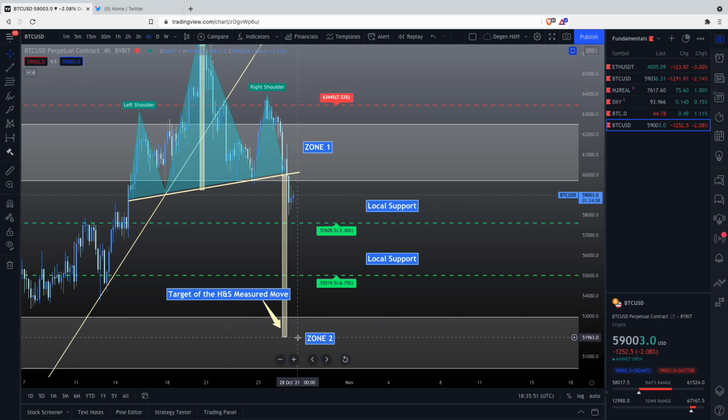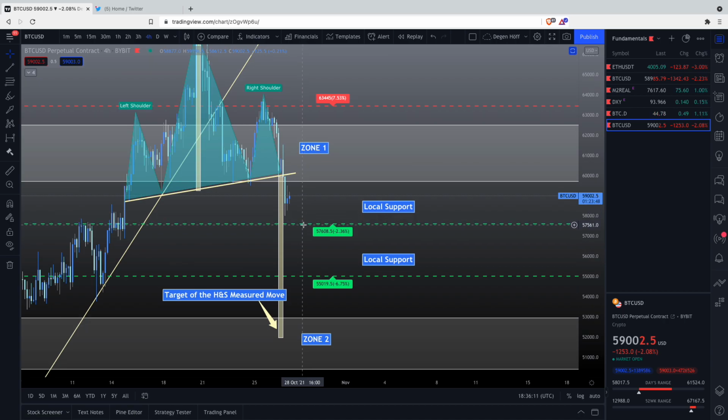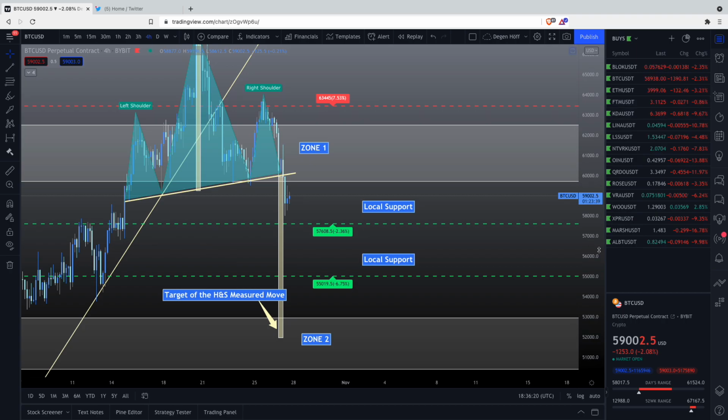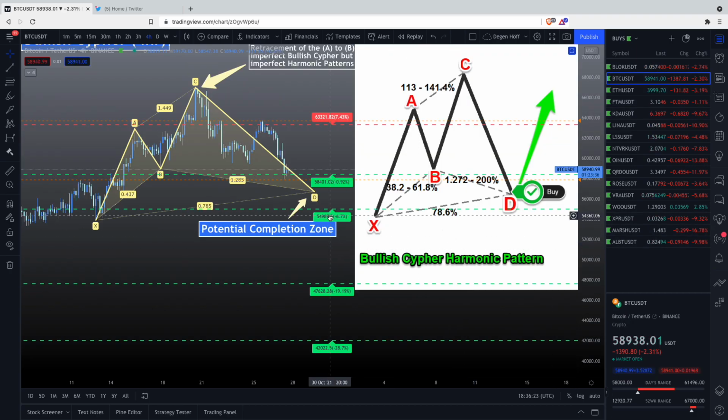The measured move, so where the support comes in is 57,638. So basically, if we don't get the support here at 57,368, and there's any real reversal over here, we kind of did, but I mean, this is still weak right now. If it continues to decline, then basically I'm validating this pattern, and the bullish cipher will no longer be valid once we hit anywhere in this region over here in this local support.